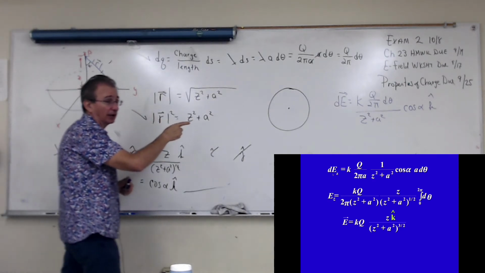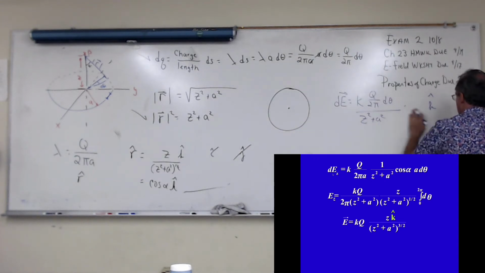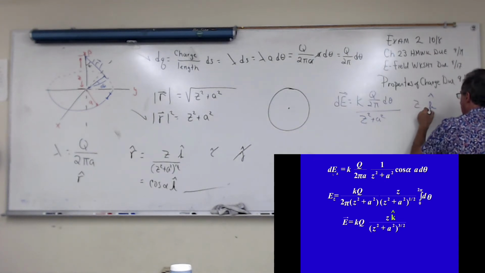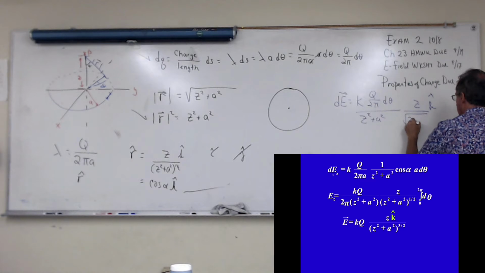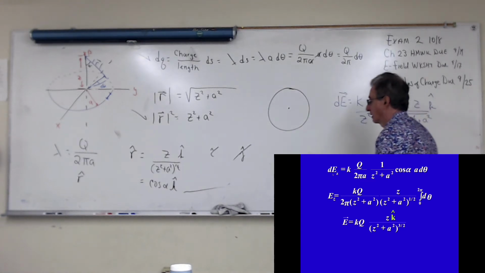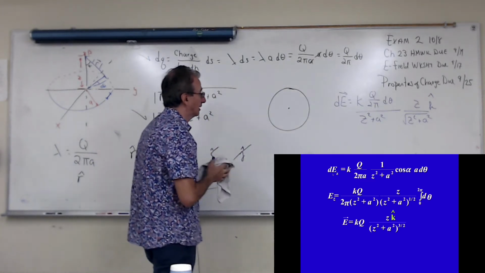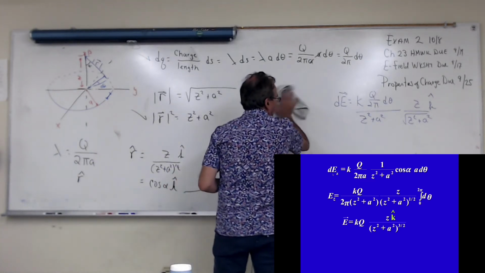So I can replace this cosine of alpha with z over the square root of z squared plus a squared. And this looks like an intimidating integral we're going to have to deal with, but it's not.